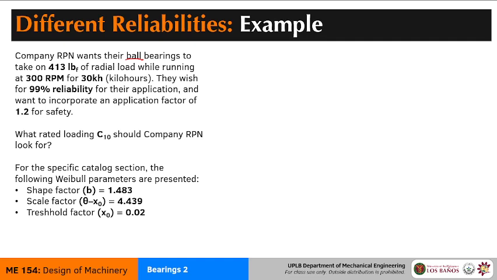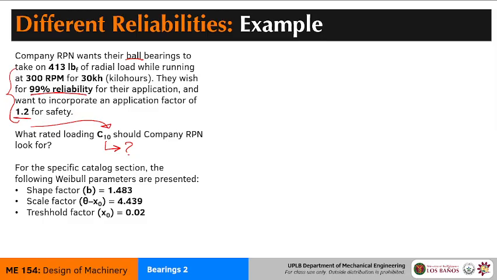They want 99% reliability for the application, and they want to incorporate a safety factor of 1.2. So here the question is basic. What is C10? If these are my design parameters, what should I look for? What rating should I look for in my bearing manufacturer catalog?